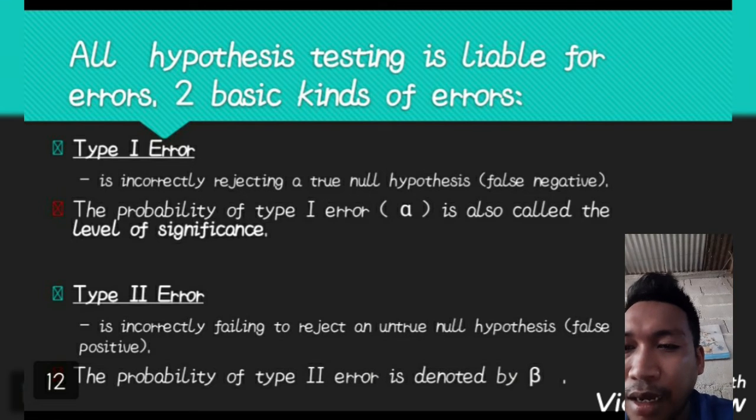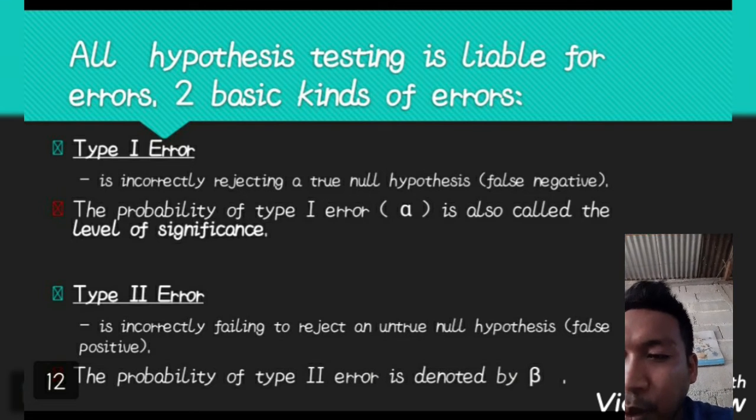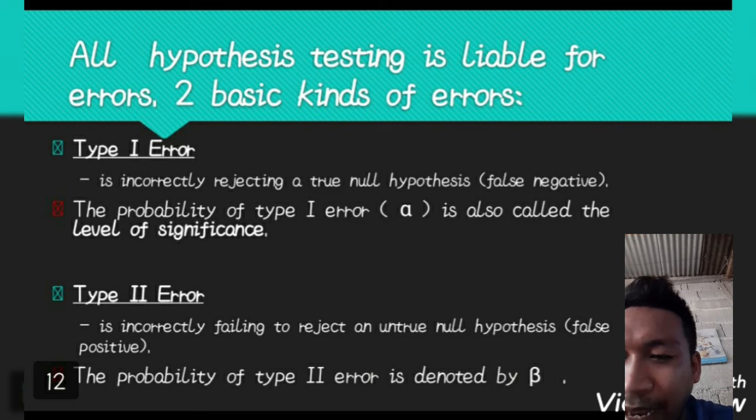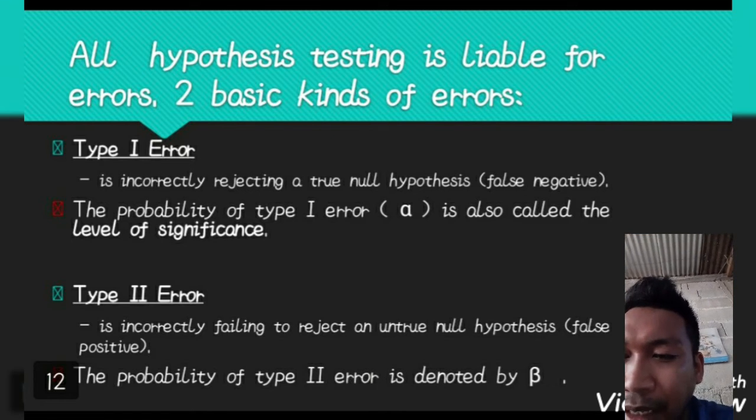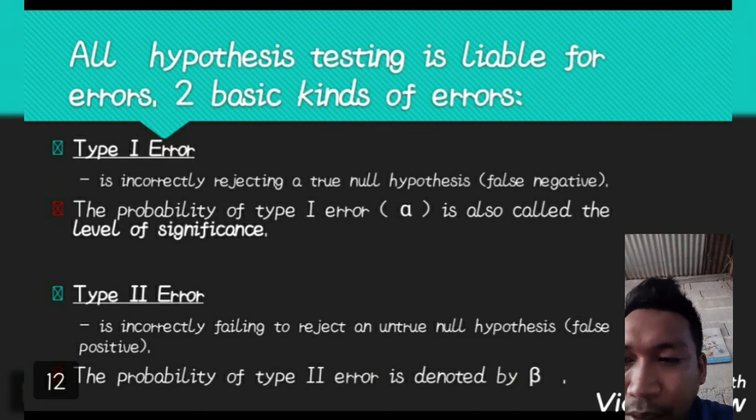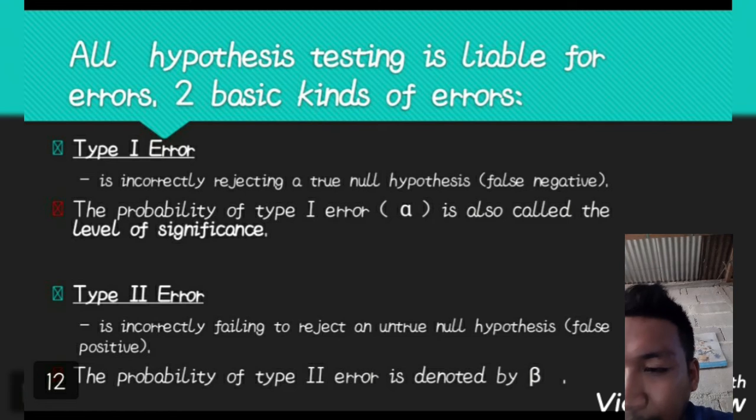The second is the type 2 error, which is failing to reject an untrue null hypothesis, a false positive. The probability of a type 2 error is denoted by beta.